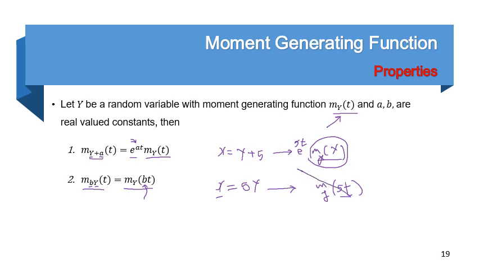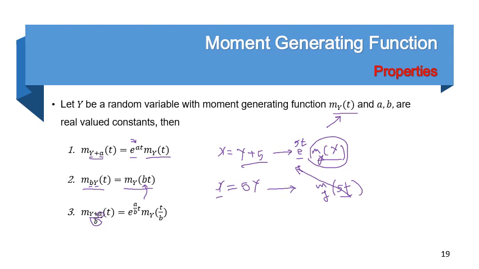Remember, in the previous one, we did not do it like this because I added 5 to each value y. It happens that you write the same MGF but you multiply by e to the power 5t. Suppose I did both, so I added to each value y the number a and I divided all the numbers by b.